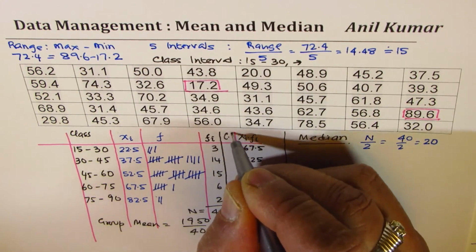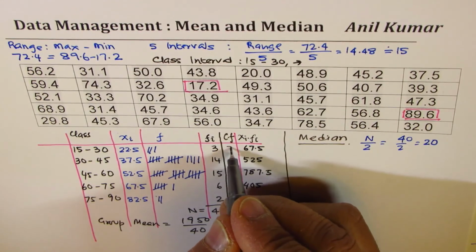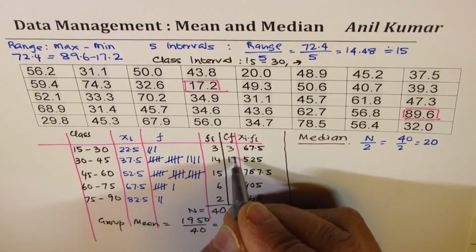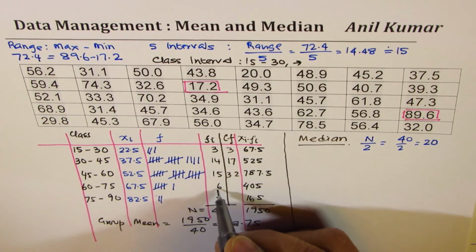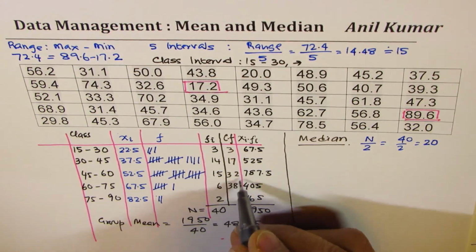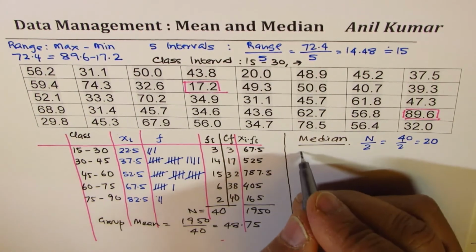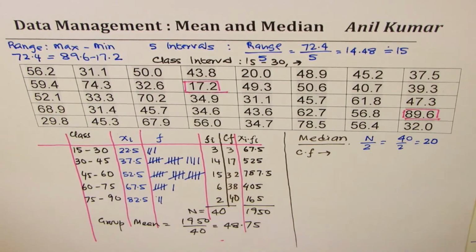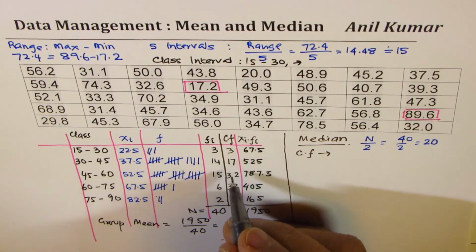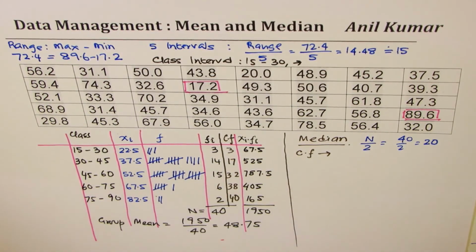We'll call it cumulative frequency column. So basically we'll add these. So here it is 3, then we'll add here 17, and then 17 plus 15, 32, 32 plus 6, 38, 38 plus 2, 40. Correct. So we have a cumulative frequency. So we are looking at cumulative frequency. 20 is our number. So 20 is slightly more than 17. Do you see that? So 20 is slightly more than 17.